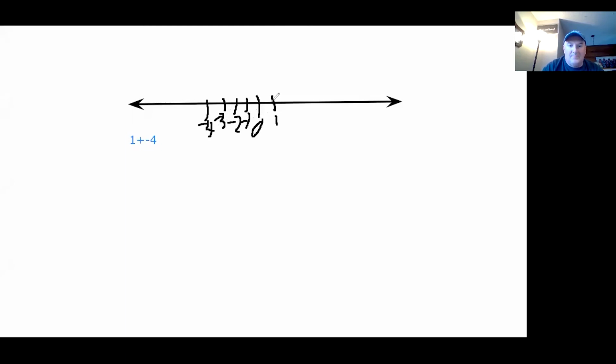Okay, if we start here at 1, and it goes plus negative 4, pretend like you're at the mall. You start off with $1 and you buy some ice cream and it costs you $4. You start here and you spend $4. And it goes 1, 2, 3, 4.